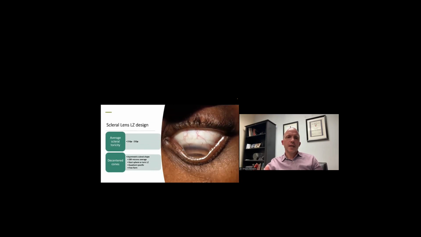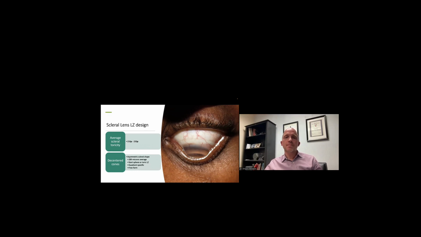Just to wrap that up, the eye with ectasia will typically have an average scleral toricity that runs somewhere between 210 and 220 microns. For eyes that have decentered apexes or cones, they are likely to have an asymmetric scleral shape. The average is around 289 microns.